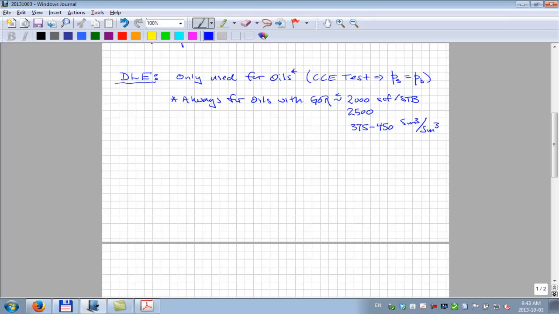That's probably what your boss will tell you to do if you're a young engineer. If you're an experienced engineer, you'll have some opinion or you'll be colored by what you've been doing or what the company's usually doing. The simplest is to just order the DLE. What I'm telling you is that it might make sense to consider the constant volume depletion as an alternative if the GOR is greater than around 400 to 500 standard cubic meters per standard cubic meter.